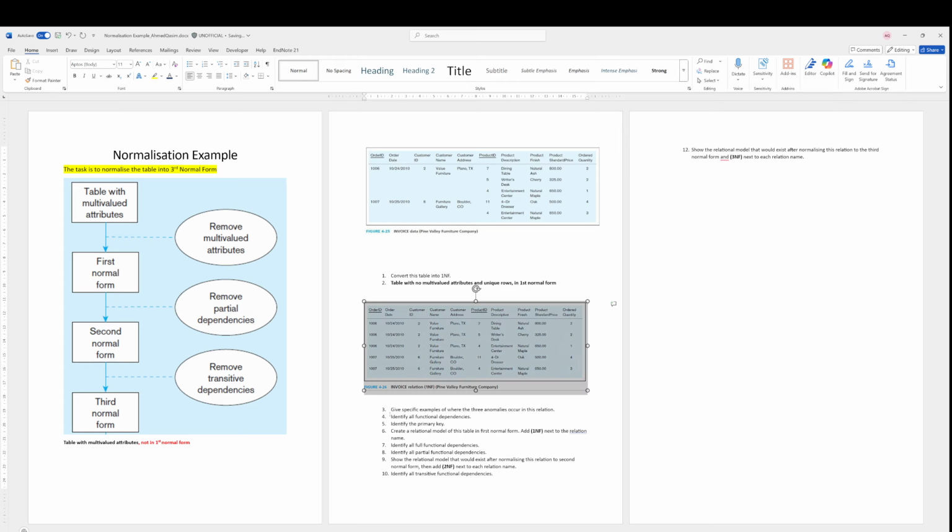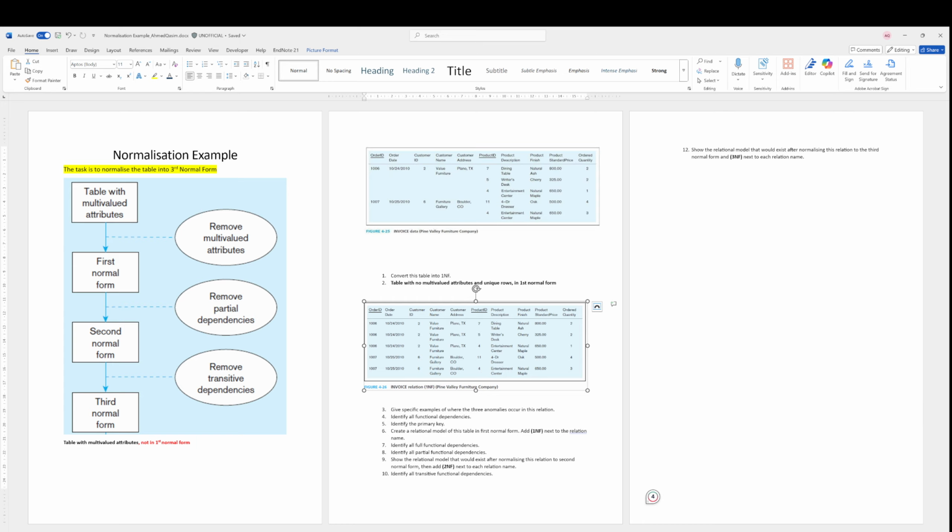The other task is giving a specific example of where the three anomalies occur in this relation. So what are the problems that will occur in this type of relation? There are mainly three problems, or three anomalies.